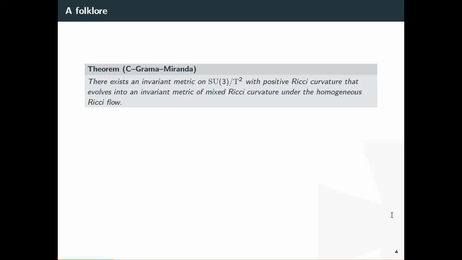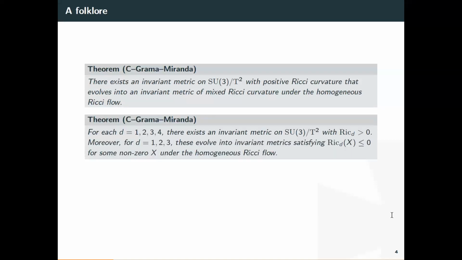Okay, but just wait a bit, because once we made this analysis, it's natural to ask: what about different notions of intermediate curvatures? I'll explain that better in a moment, but let me state here that for each d varying from 1 to 4, there exists an invariant matrix on SU(3) over T² that has this Ricci d positive. And what do I mean by Ricci d positive in this scenario? For now, I'm just saying that if I say that I have Ric_1 positive, it means that I have positive sectional curvature, okay?